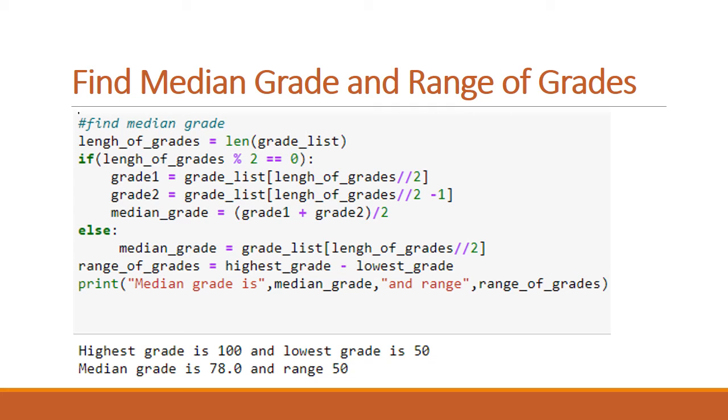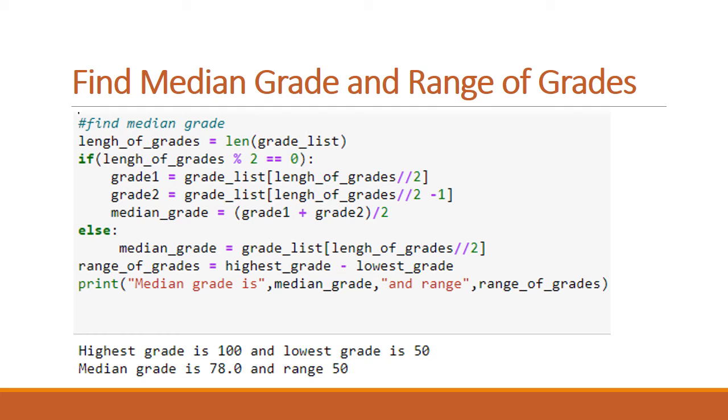We find grade 1, which is grade list, with an index of the length of grades div 2. The second grade is grade list with an index of length of grade div 2 minus 1. Then we can calculate the median grade by adding grade 1 and grade 2 together and dividing it by 2.